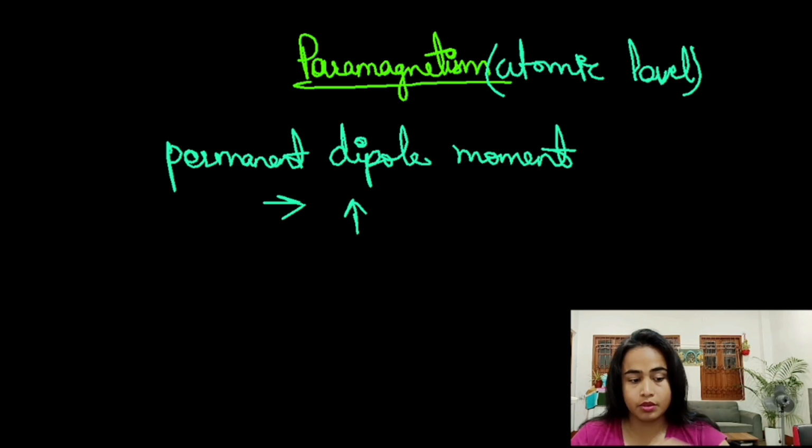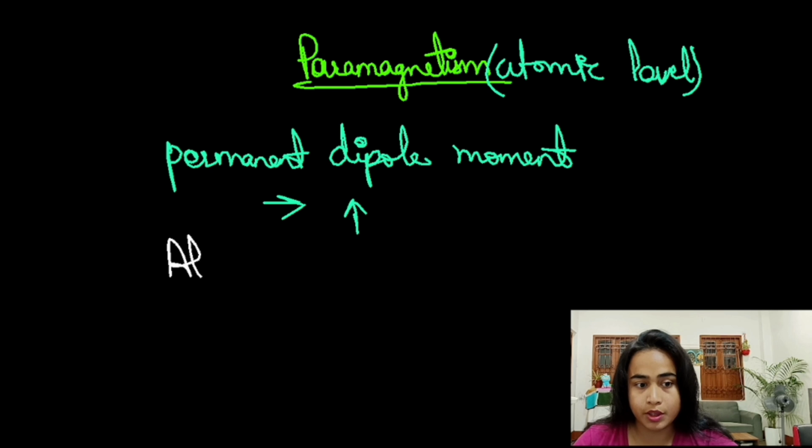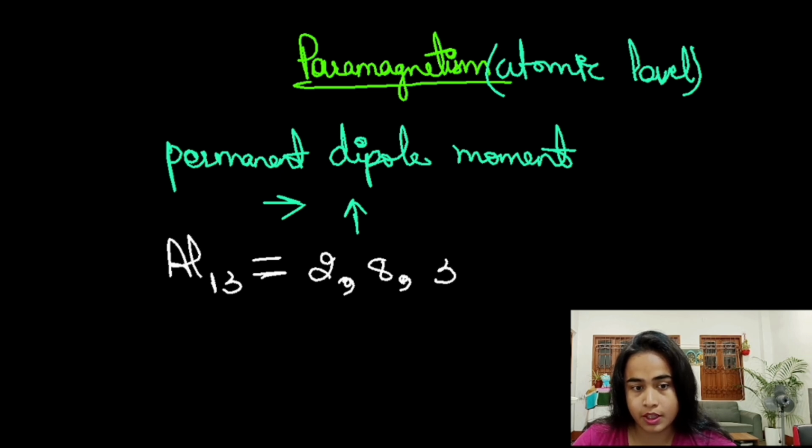For example, I am taking aluminum, atomic number 13. Its electronic configuration we can write as 2, 8, 3, right? 2 plus 8 is 10, plus 3, 13.